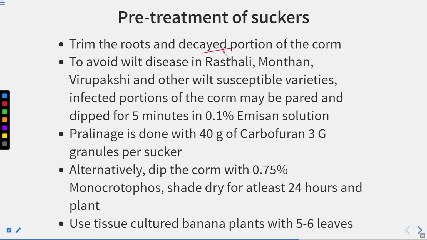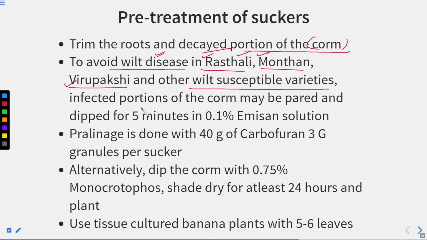Trim the roots of the decayed portion of the corm to avoid wilt disease in Rasthali, Monthan, Virupakshi, and other wilt susceptible varieties. So these are the wilt susceptible varieties, meaning in these varieties wilting generally occurs, right? So to avoid disease, we have to cut the roots emerging from the corm region, right?